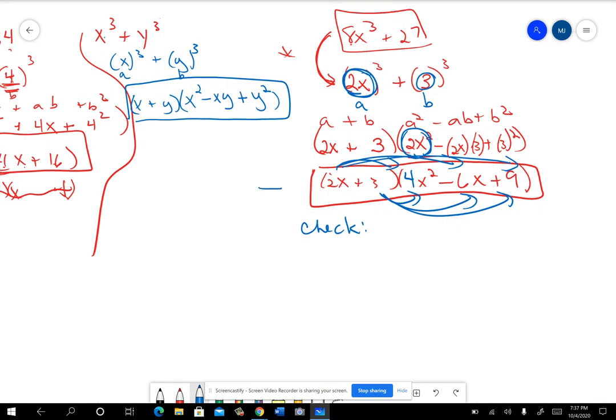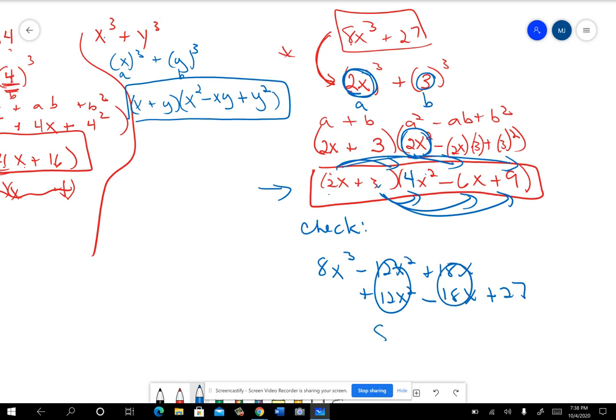So I'm claiming that this factored form of the original problem is right, but watch, if I took the 2x and I multiplied it out like you did on your chapter 4 test, wouldn't that be 8x to the third minus 12x squared plus 18x? Then you'd come back and you take the 3 throughout, and when you get a plus 12x squared, a minus 18x, and then a positive 27, see how that would be 0 and that would be 0, and we would wind up with just 8x to the third plus 27. Okay, so that just tells me, yep, I was right.